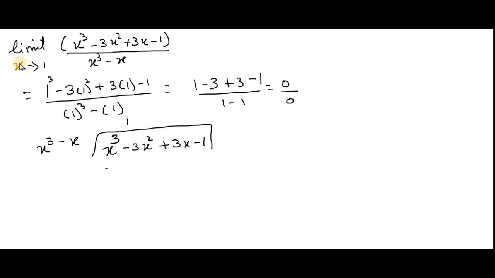So we divide with this value, we get 1, x cube minus x, subtracting, we cancel this term and we get minus 3x square plus 4x minus 1. Now here the degree of x square is smaller than that of its divisor, so we cannot divide it further. Now we stop the division and try to simplify it further.